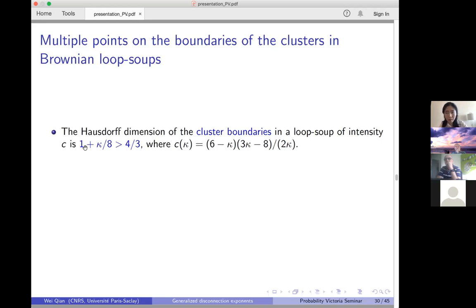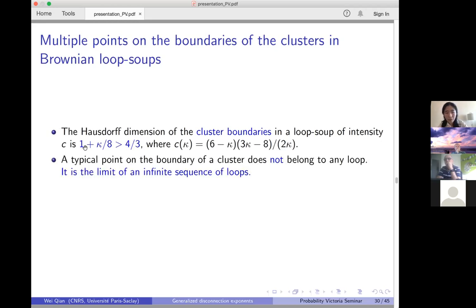It's 1 plus kappa over 8. And it is greater than the Hausdorff dimension of one Brownian frontier. So this tells you that a typical point on the boundary of a cluster does not belong to any loop, because the Hausdorff dimension is bigger than that of the frontier of the Brownian loops. But it is a limit of an infinite sequence of loops.